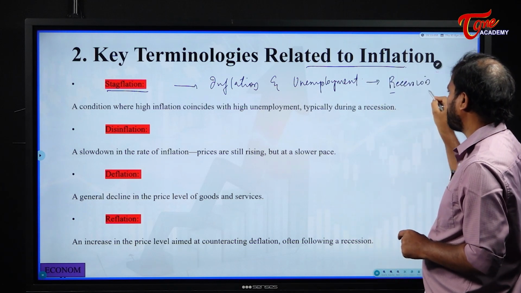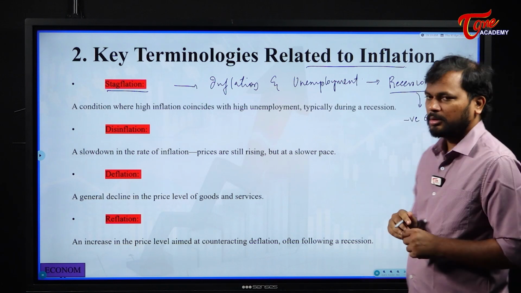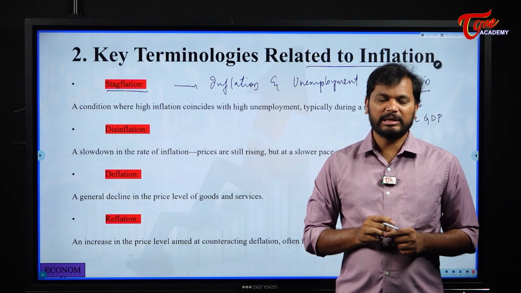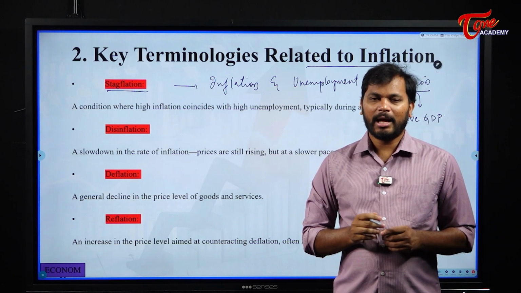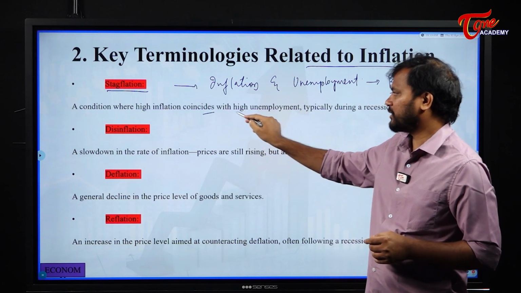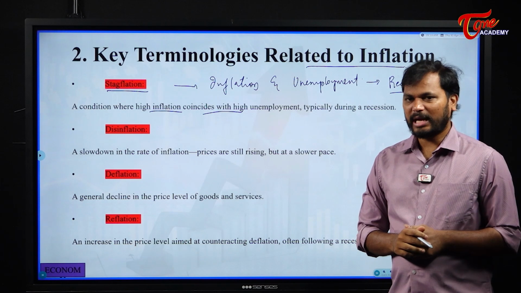Recession is nothing but negative GDP, and that negative GDP will lead to unemployment, and parallelly there is the concept of high inflation. That is what is called stagflation.